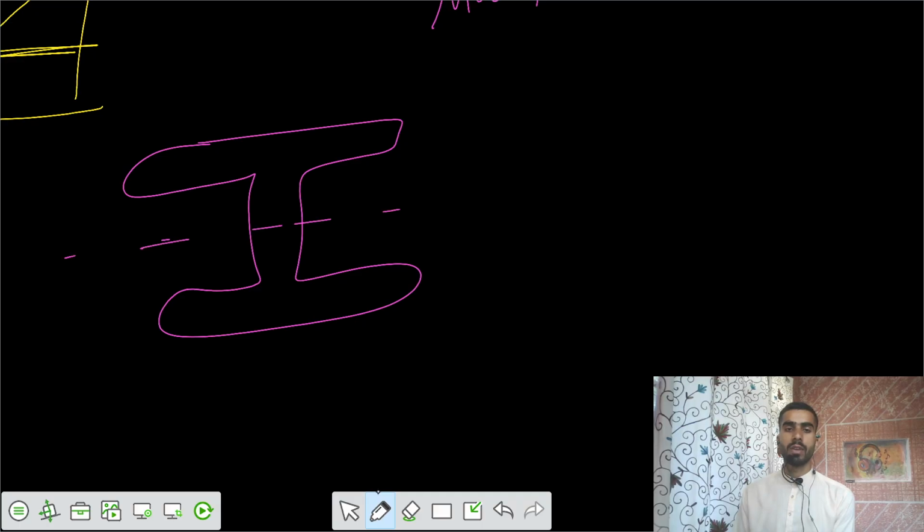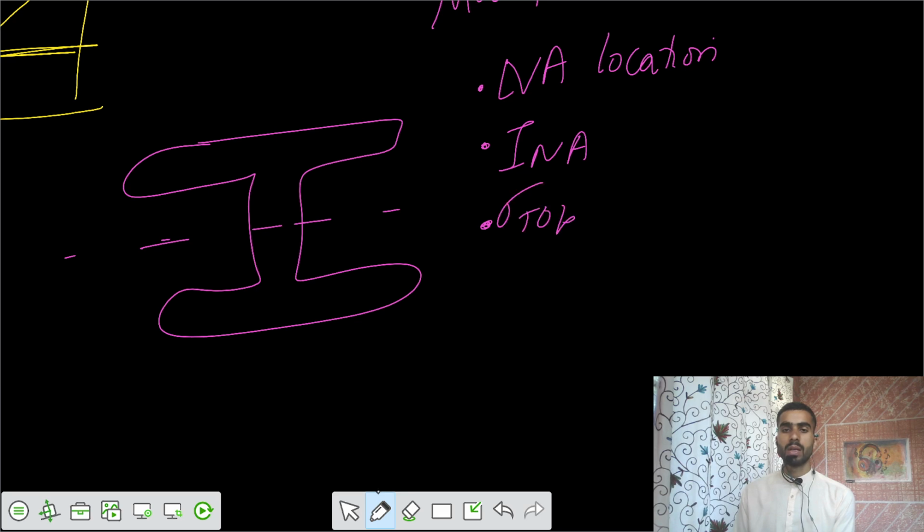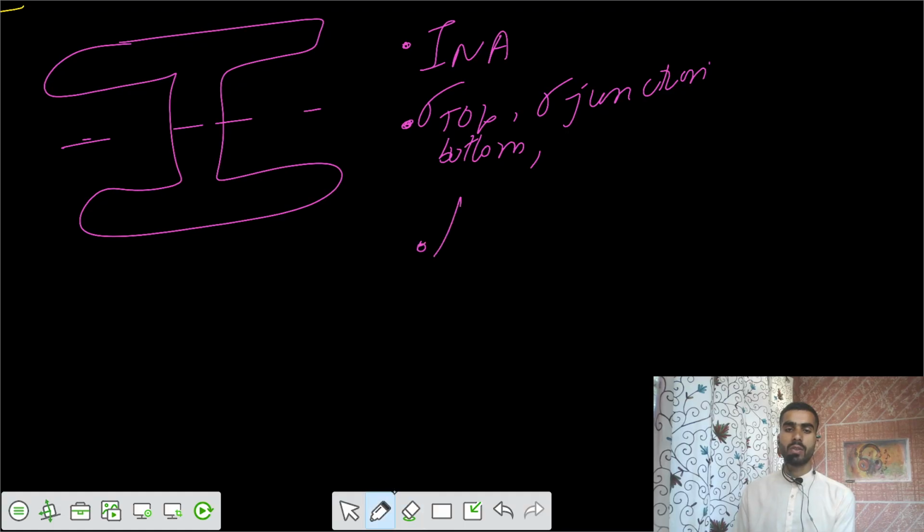Then we calculate the neutral axis location. Next, we calculate the moment of inertia about that neutral axis. Then we calculate the stresses at the top, at the bottom, and at the junction. Then we ask what the actual stresses in the beam are at the top, at the bottom, and at the junction.